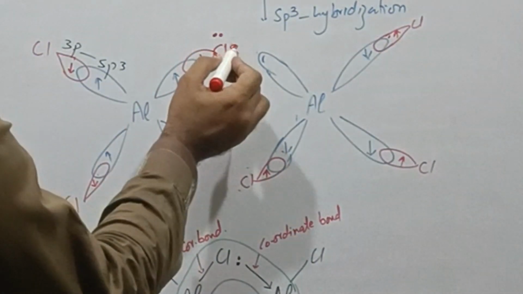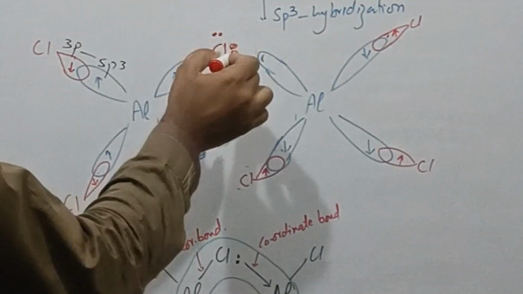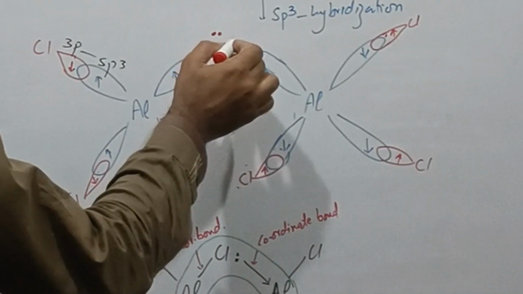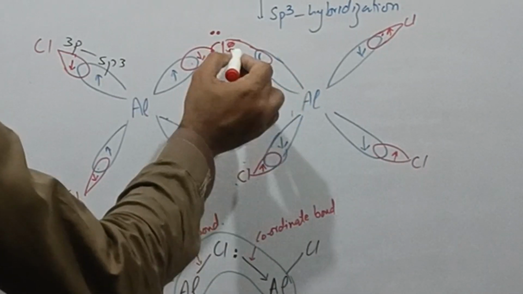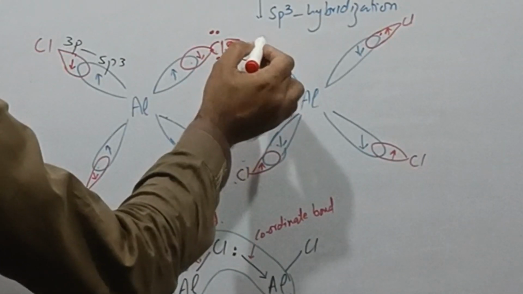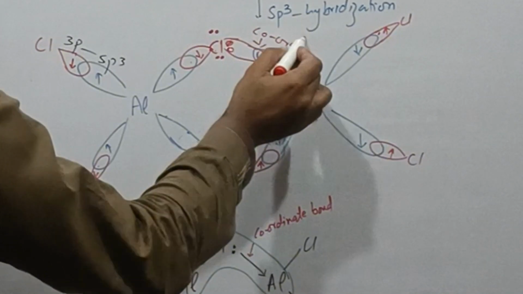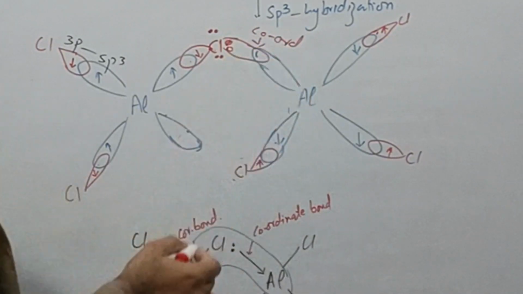This lone pair, the orbital which contains this lone pair, overlaps with the vacant sp3 orbital of the aluminum, and this is a bond formed with coordinate covalent nature.